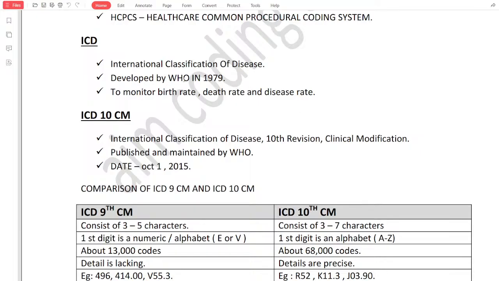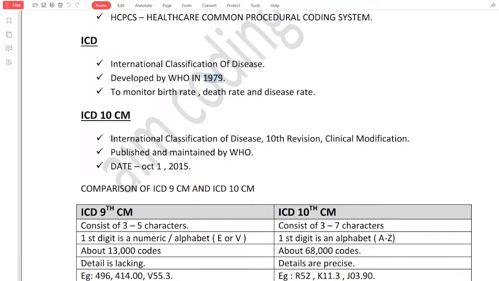Let us know the basic idea of what is ICD. ICD means International Classification of Diseases. It contains disease codes, and it was developed by the World Health Organization in 1979.